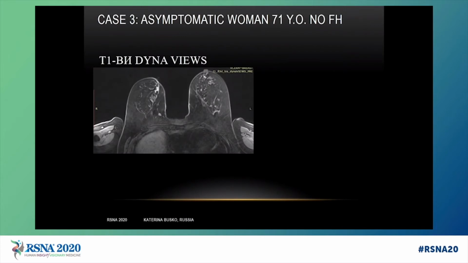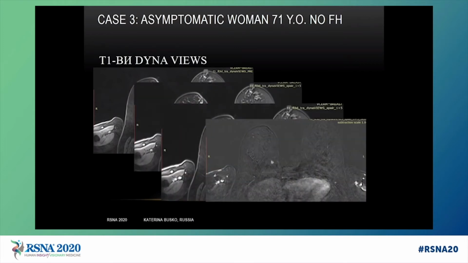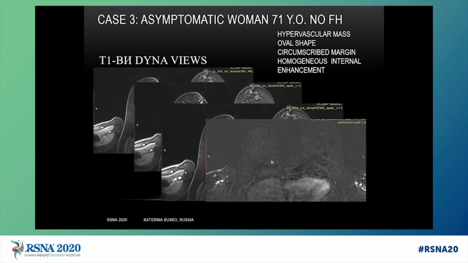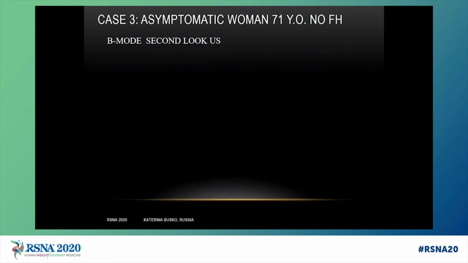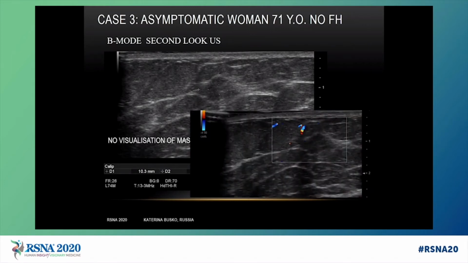On MRI, hypervascular mass with homogeneous internal enhancement, BI-RADS 5 category. Next action is ultrasound-guided core biopsy, but the mass was not clearly seen on ultrasound. It means no target for biopsy.